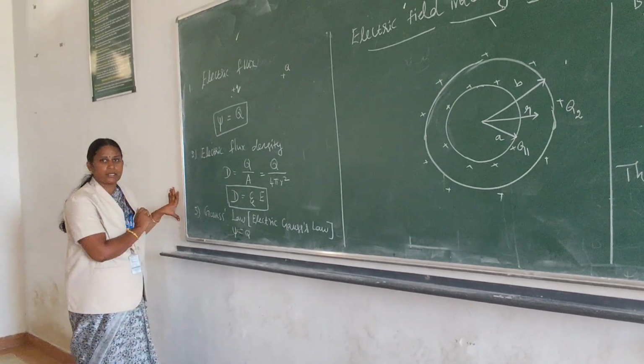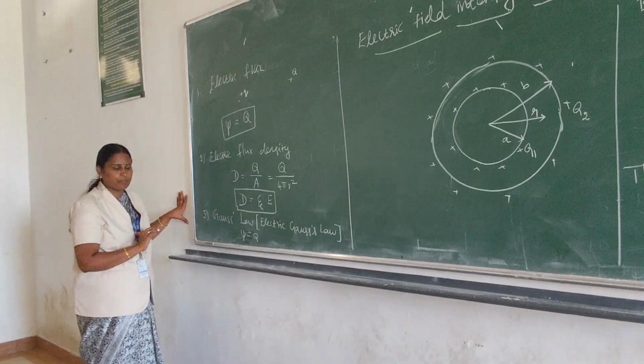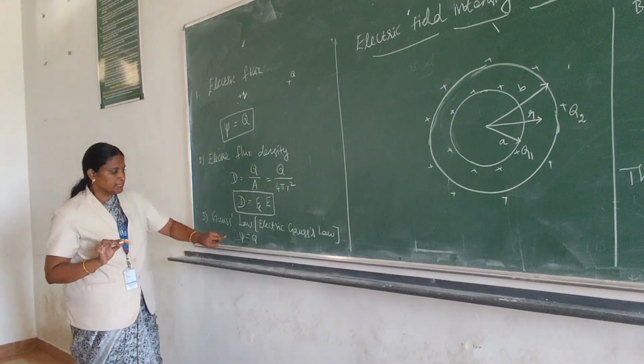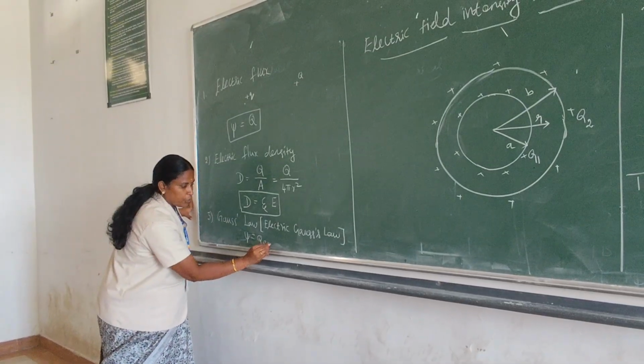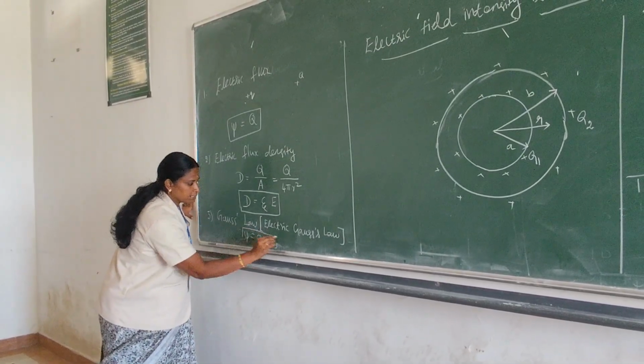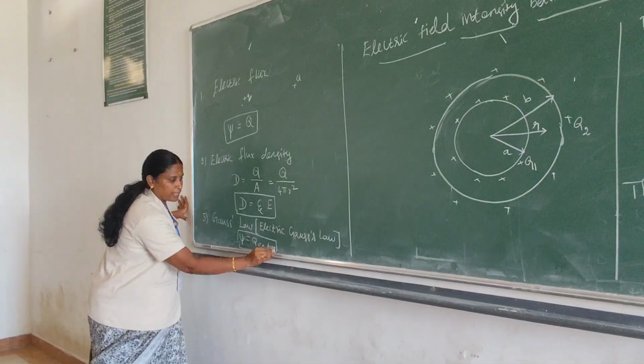So that is, in any closed surface, the total electric flux will be equal to the charge enclosed by that surface. This is electric Gauss law, right?